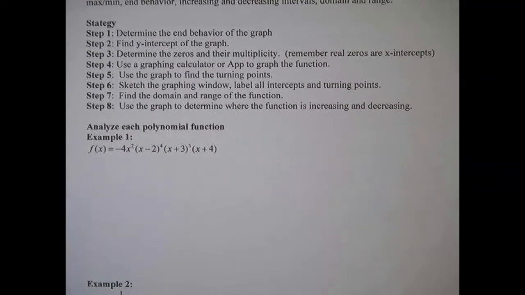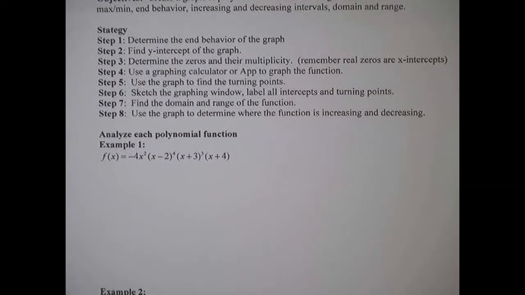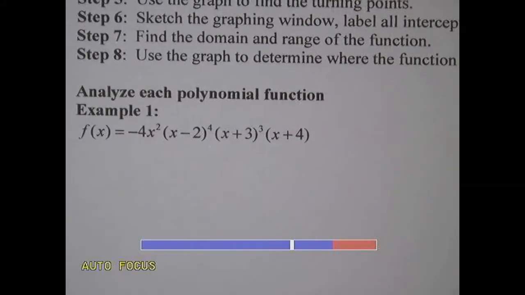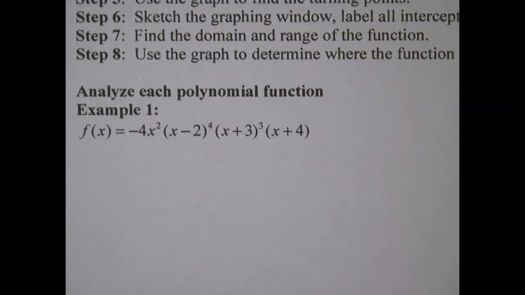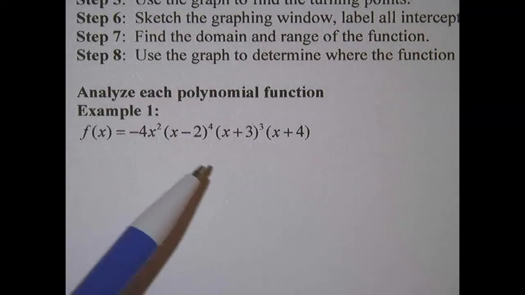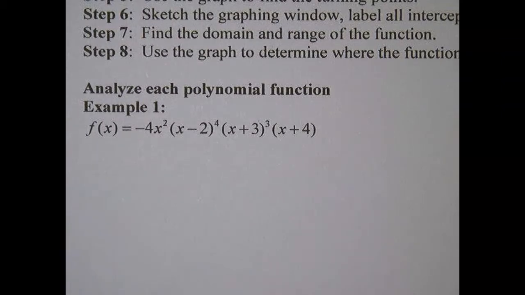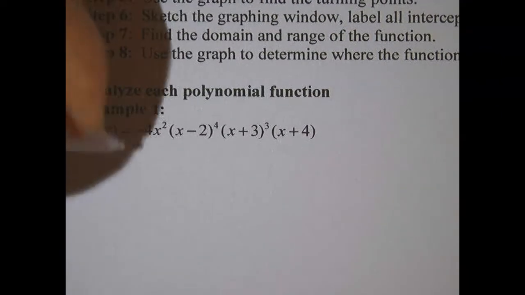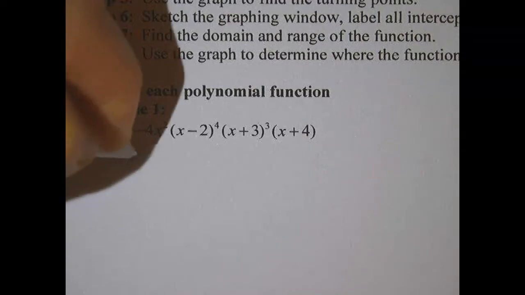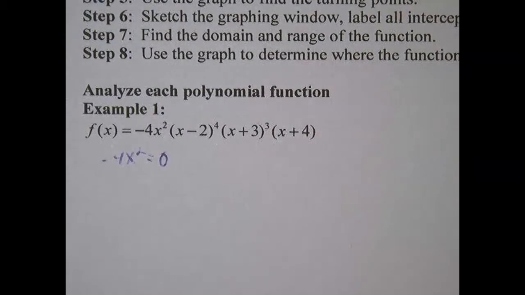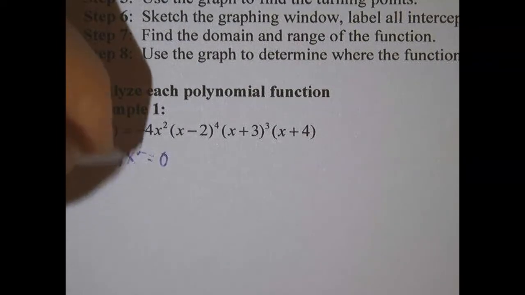All right, so let's start by taking a look at a function and seeing what we can pull out of it very quickly. First thing is I see that it's already factored, and I see that there's 1, 2, 3, 4 factors here. So from each factor, I'm going to be able to pull out some zeros. So the first factor, negative 4x squared equals 0, that's true whenever x equals 0.